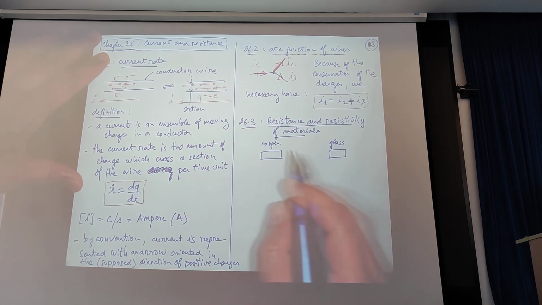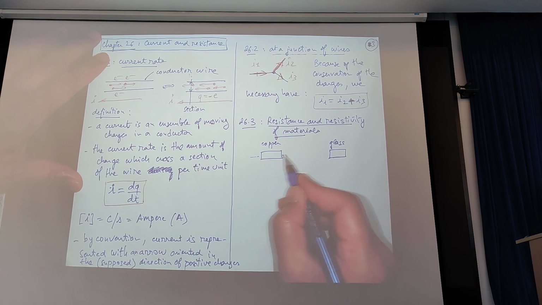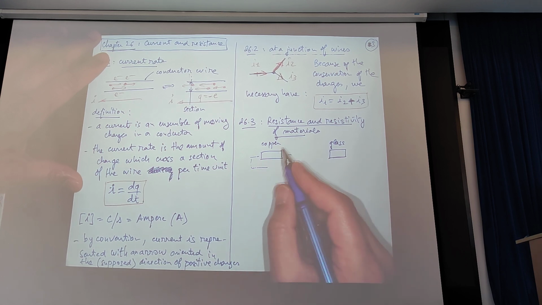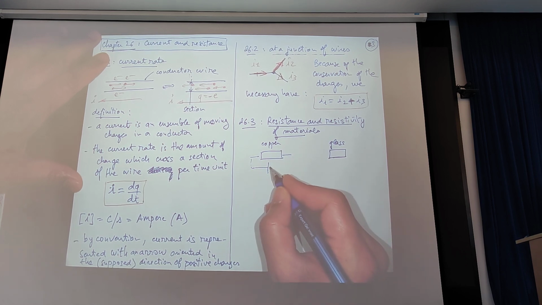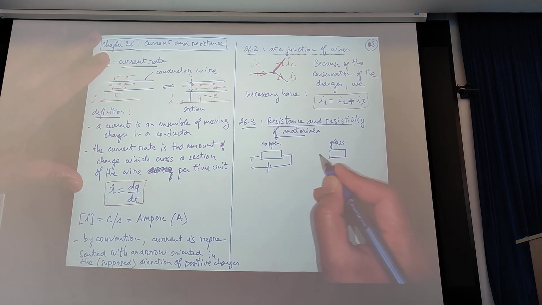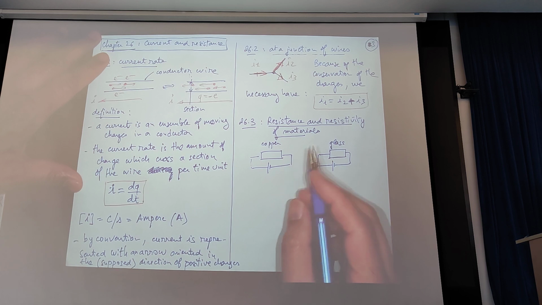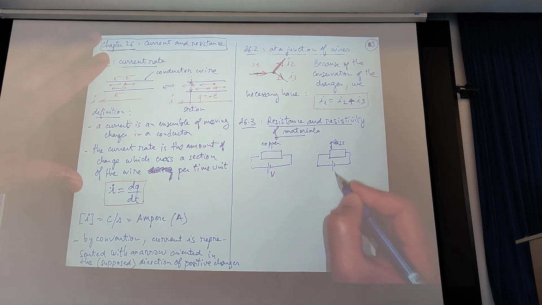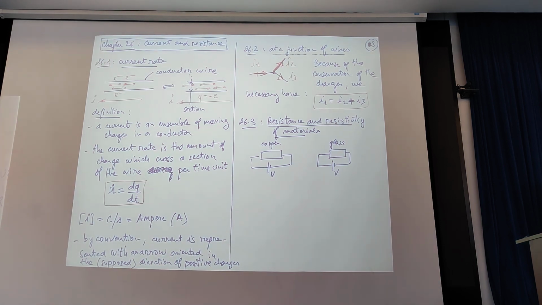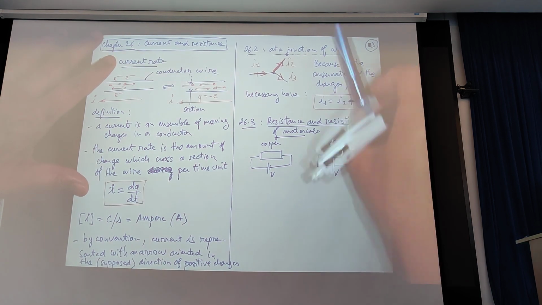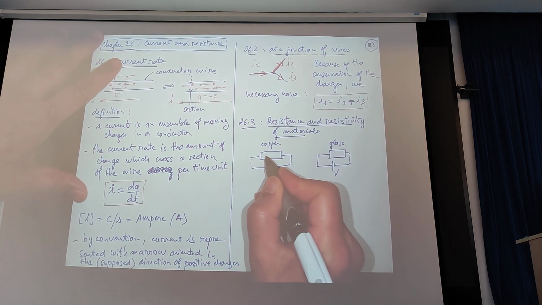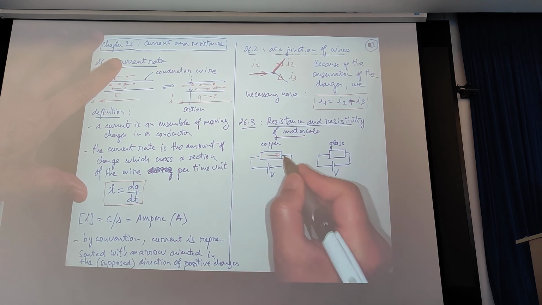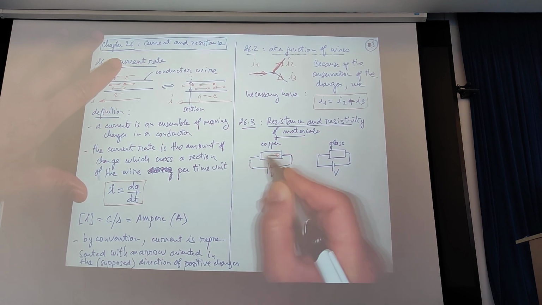If you apply the same potential V, we can observe a current going here, I, and also here.